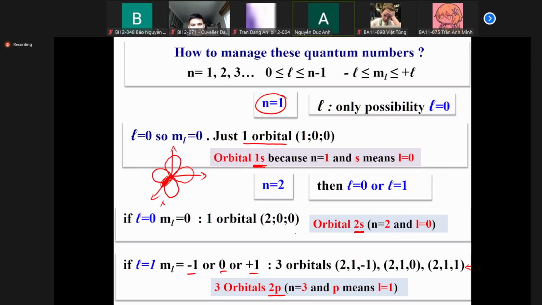So we call the 3 2p orbitals 2px, 2py, 2pz. It means that in total, with principal quantum number 2, you will have 4 orbitals: 1 2s and 3 2p.